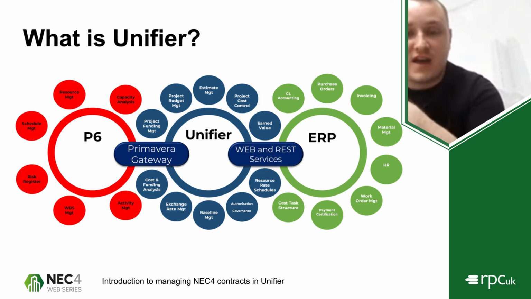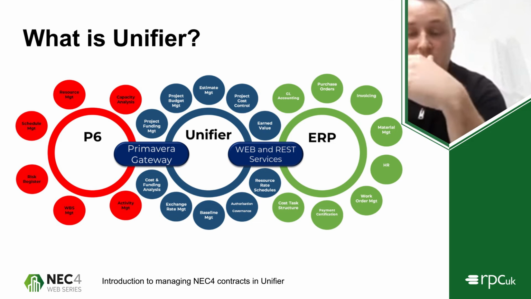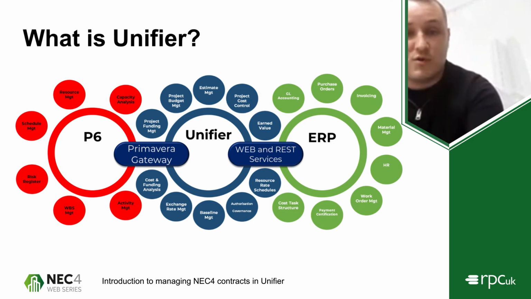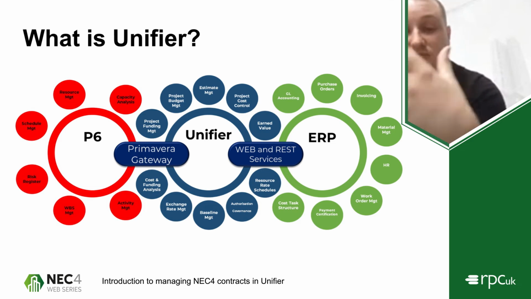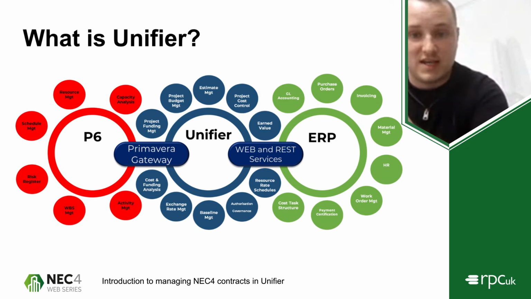Unifier will allow you to define that structure and that hierarchy yourself. So you can set up contracts, sitting underneath projects, sitting underneath a program, sitting underneath a portfolio. And Unifier can be configured on a case-by-case basis to adapt to the structure of your organization.